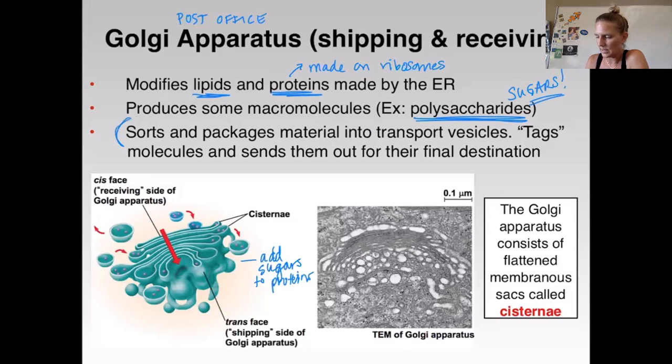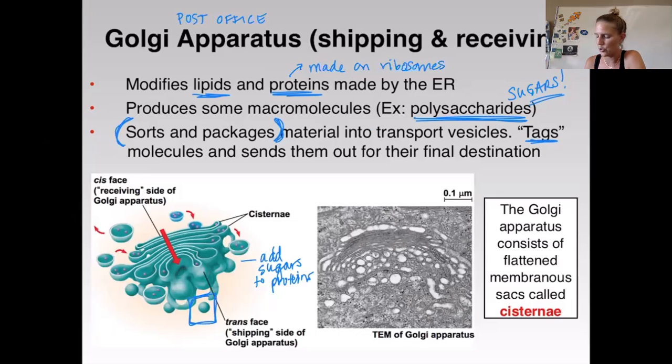So it sorts and packages materials into these little membrane sacs, for example, down here, which is a vesicle. It's just a phospholipid bilayer sac that might have proteins in it or something. And it tags them with these sugars to send them to their final destination.